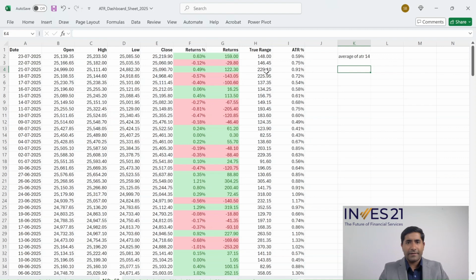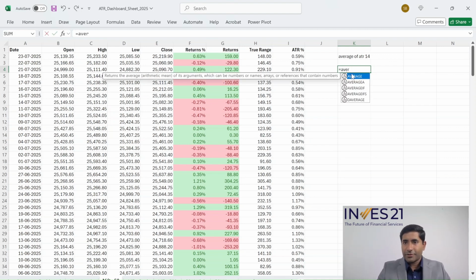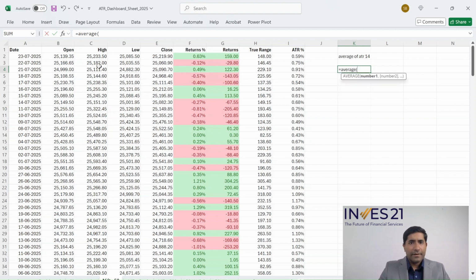We'll get to this, right? So what are the sum is equal to average? Just take this. And let us take the true range for the last 14 days. Then we get it as 156.